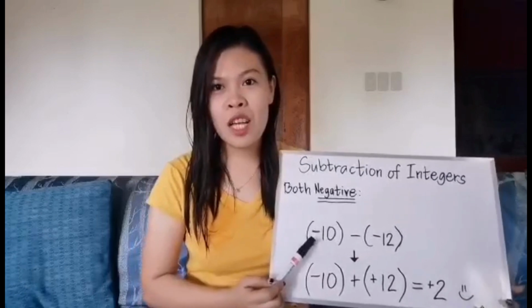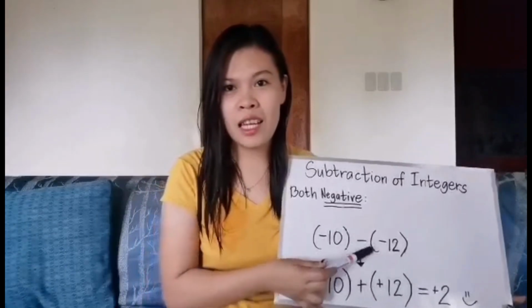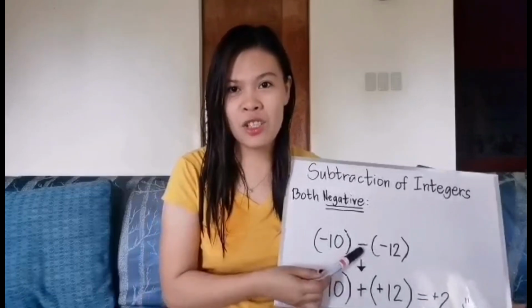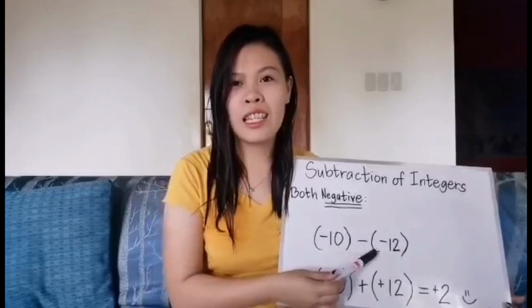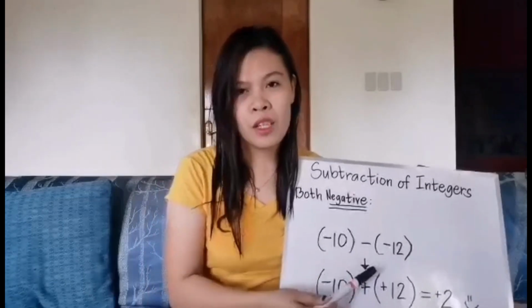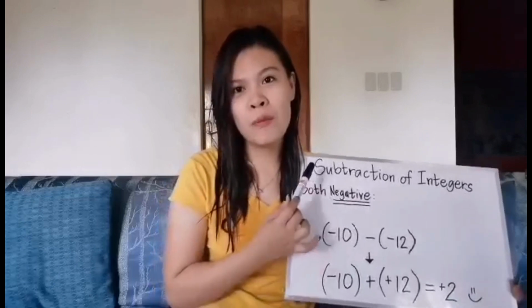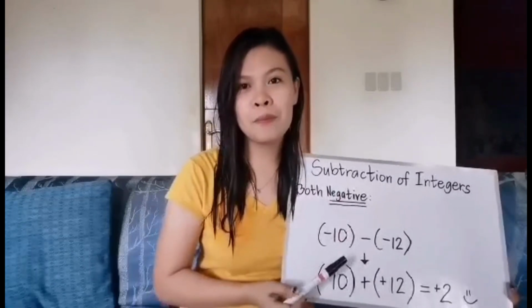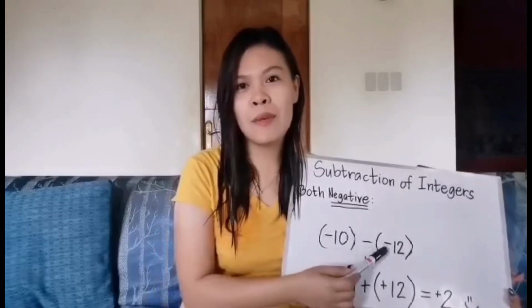Ang nagkakaiba lang po ay ang ating sign, puro negative. So, negative 10 minus negative 12. We will follow the same rule over and over again kung paano ang pag-subtract ng integers. First, ulitin natin. Ito si subtrahend at ito si minuend.